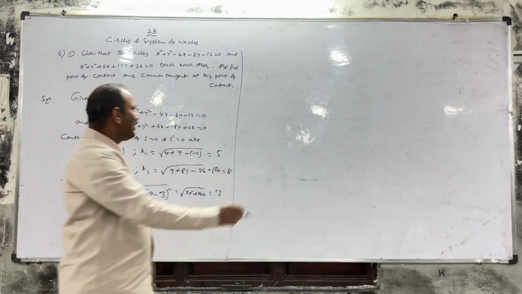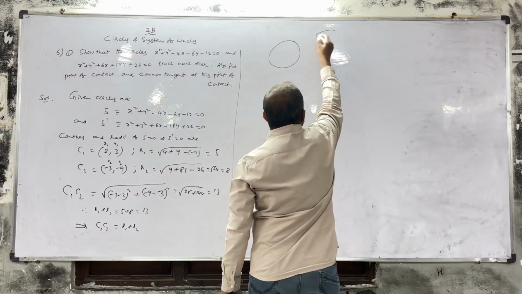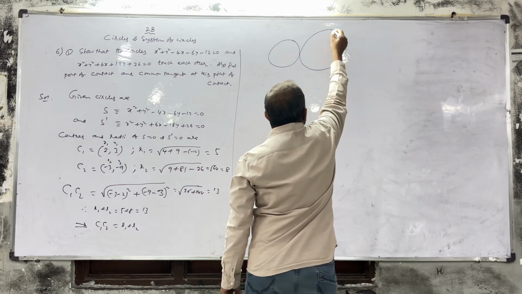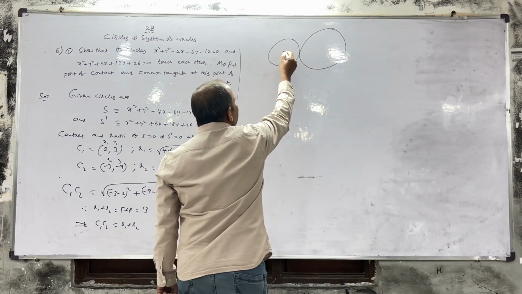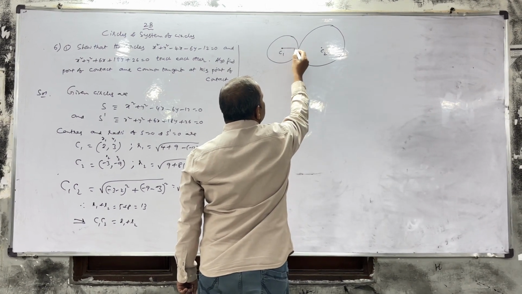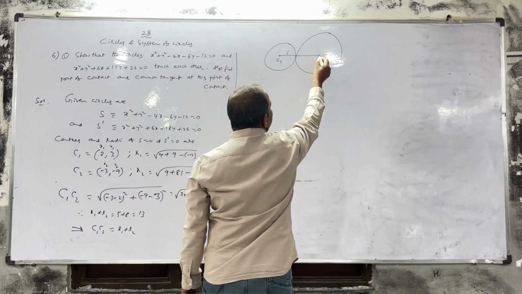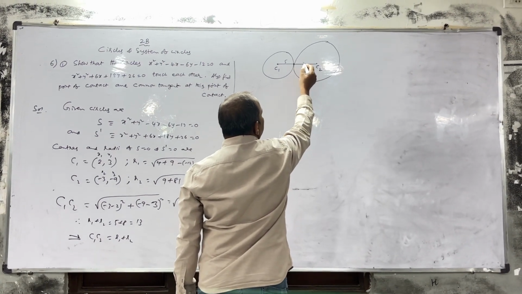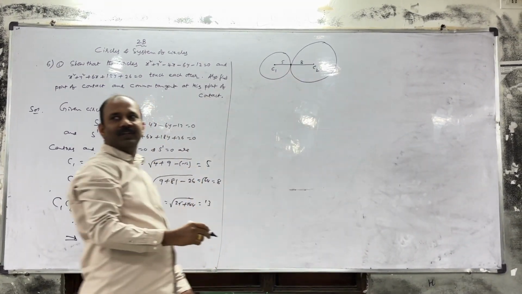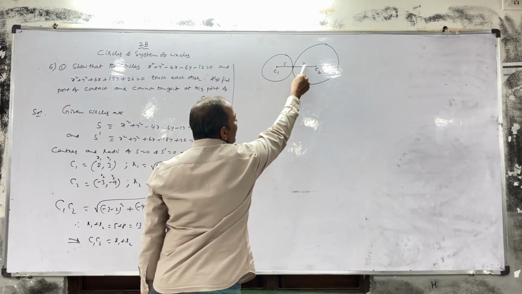This is the first circle, this is the second circle. Here is center C1, here is center C2. This is the radius of the first circle, 5 units. This is the radius of the second circle, that is 8. The distance between these two centers is nothing but 5 plus 8, 13.